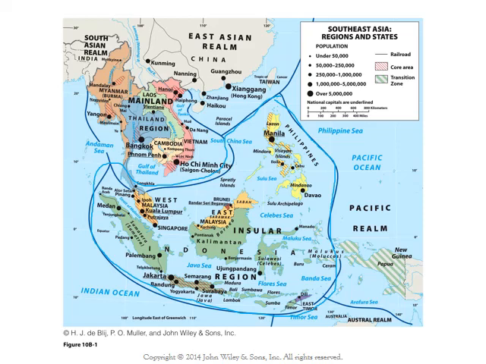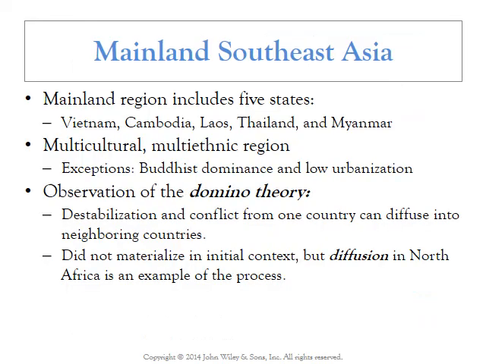That's not true of mainland Southeast Asia, because notice that it borders both the East Asian realm as well as the South Asian realm. And notice there's also a transition area. So even though Papua is part of Indonesia, it is also part of this larger island that includes Papua New Guinea, which is not in the Southeast Asian region.